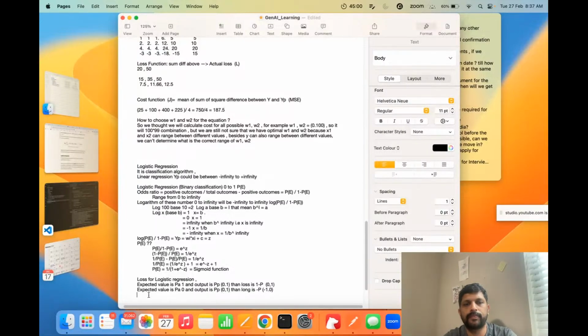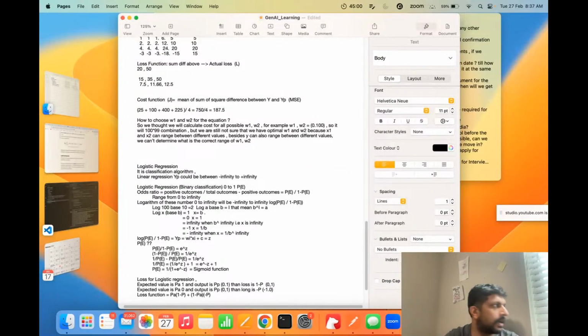Then we can say PA into 1 minus P, plus 1 minus PA, because when it's 0 it should become 1, and then it's minus PA. So this is the loss function.